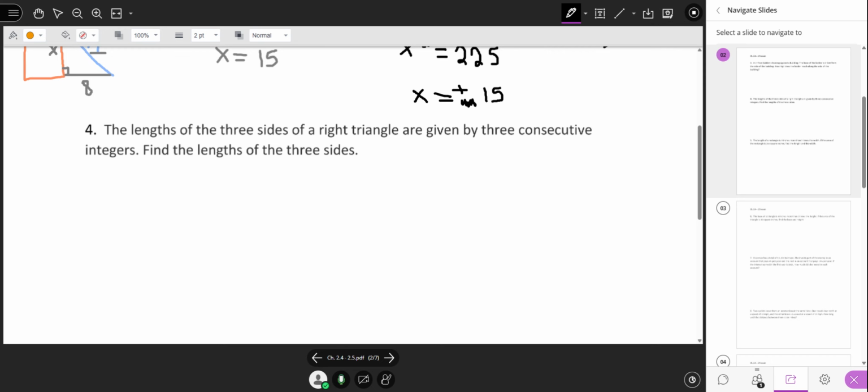The lengths of two sides of a right triangle are given by 3 consecutive integers. Now, in this problem, you're either going to get 3 consecutive even, or 3 consecutive odd. So let me do some explanation.